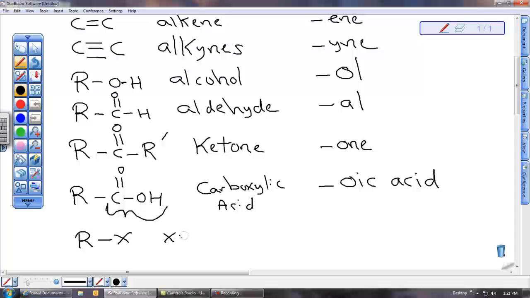Carboxylic acid, and the last one are halides, where X is one of the halogens, fluorine, chlorine, bromine, or iodine.